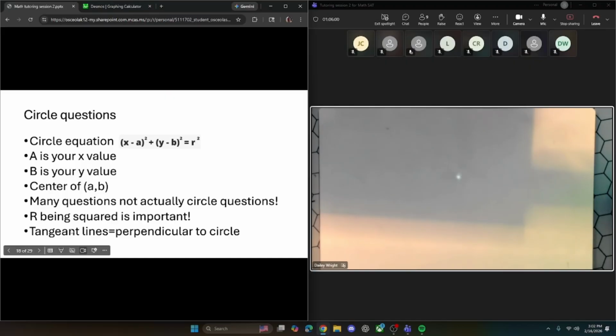Sometimes it asks you to find the radius of a circle, and it gives you the circle equation. All you have to do is square root the value over on the side. If it is x minus a constant squared plus y minus a constant squared equals some constant, just square root that constant, and you will get the radius.